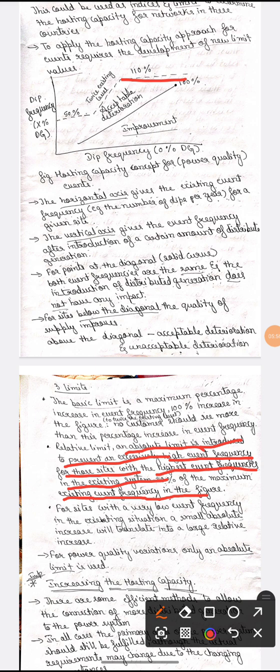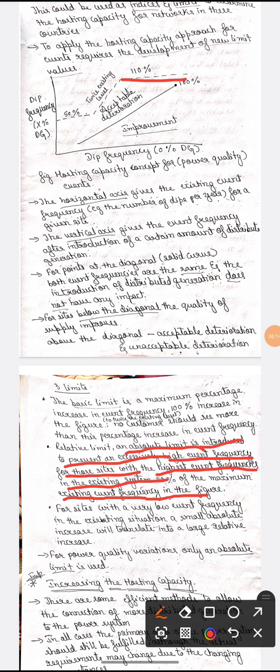It is 110% of the maximum existing event frequency in the figure. Next to this, you can observe the absolute limit at 110 percentage. That should be applicable, acceptable. It should not go beyond that. Again, 110% is acceptable. That is the maximum existing event frequency.